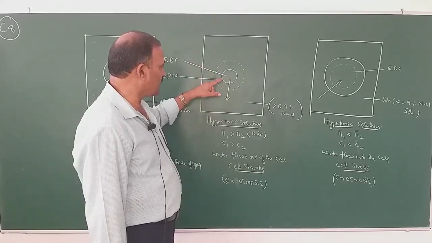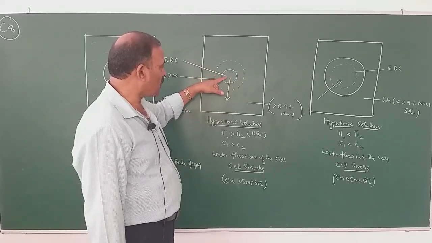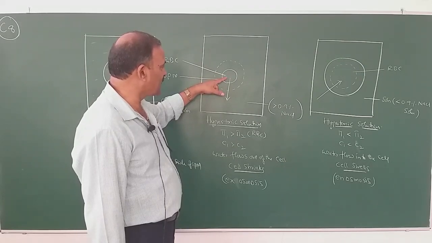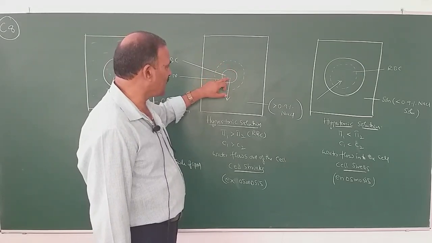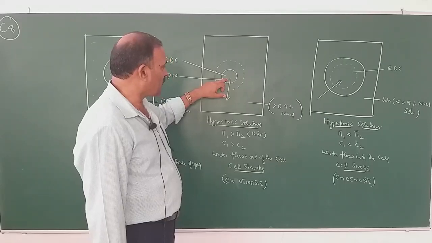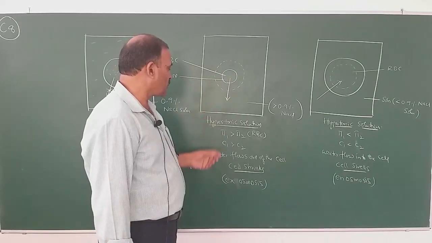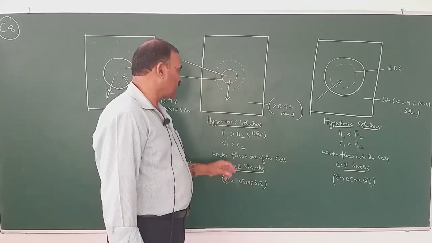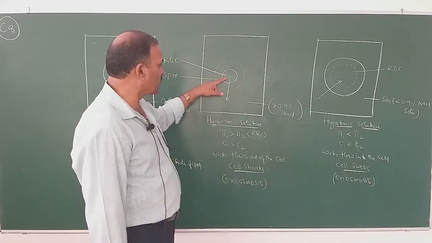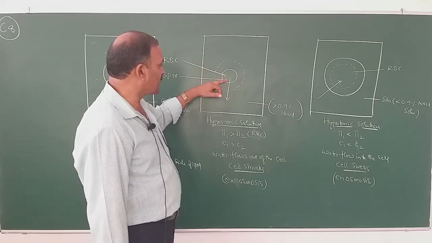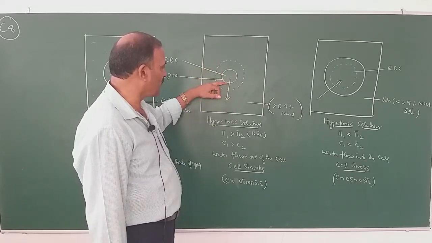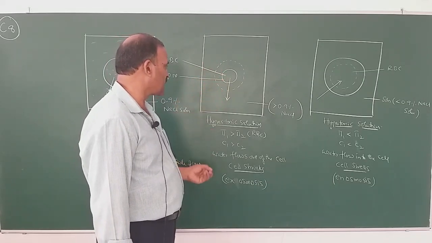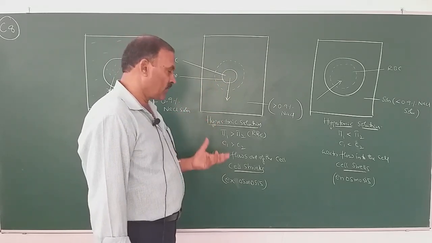Due to osmosis, water or the solvent will move outside the cell. As a result, the size of the cell decreases or the cell shrinks. So this process is also called exosmosis. The flow of solvent outside the cell through a semi-permeable membrane is known as exosmosis.